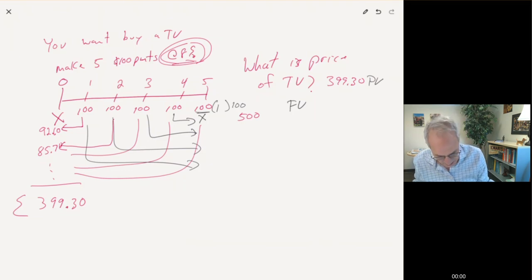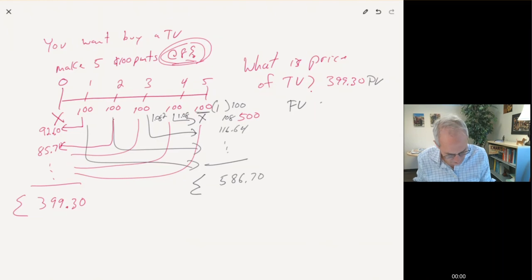The next one is going to be multiplied by 1.08, so that'd be 108. The next one, 1.08 squared, so 116.64, and so on. If we add all those up, we get roughly 586.70. So that's the future value.